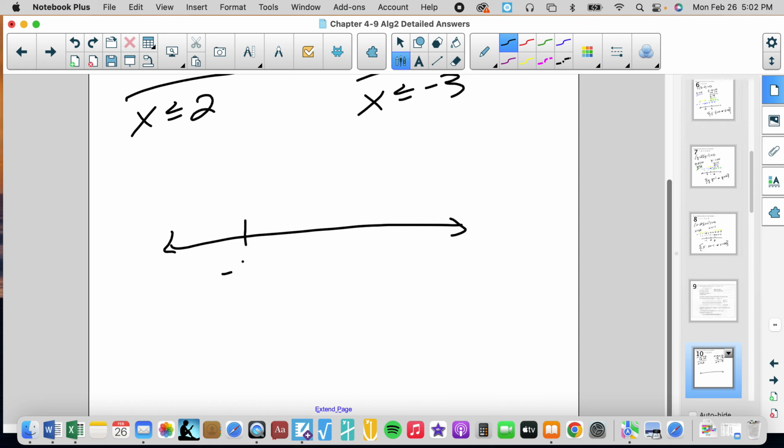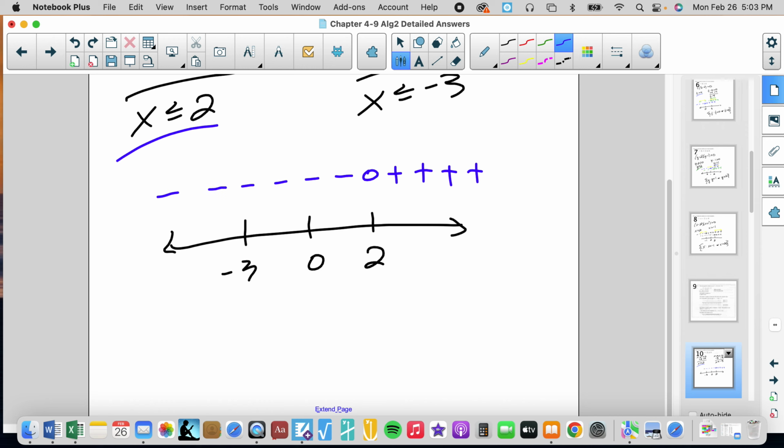So we have negative 3, 0, and 2. At 2, it's 0, plus, plus, plus, plus, minus, minus, minus. At negative 3, minus, minus, minus, plus, plus, plus, plus.